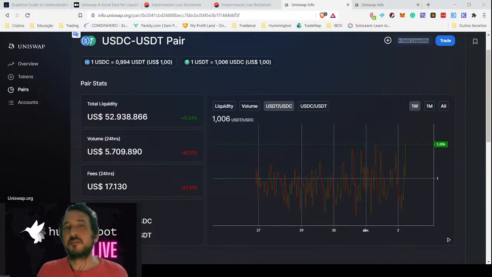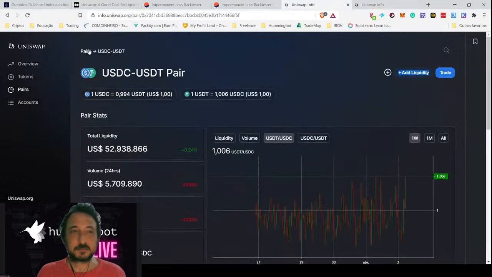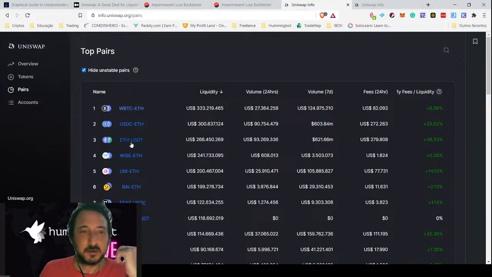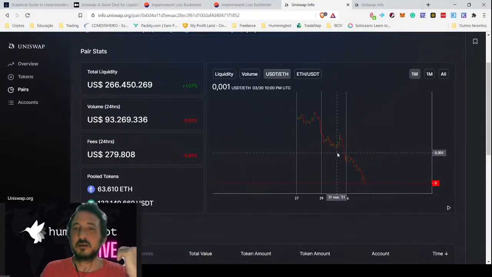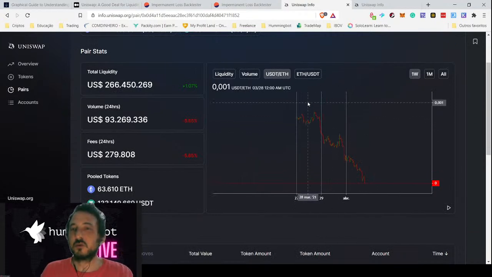But here's the thing: if you look at, for example, the Ether USDT price, the price changes a lot, so you have a bigger range of price.